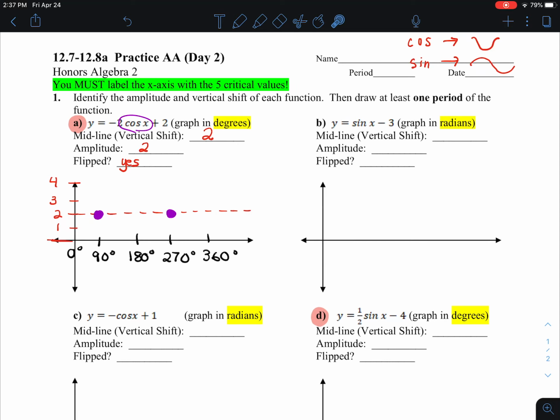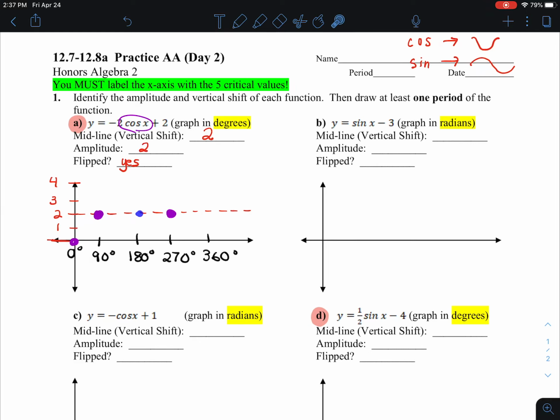It's like you want to have your pencil floating at the beginning of your period, which is at 0 degrees, right above your midline. Because this is flipped, you're going to count down from the midline 2 units because that is the amplitude.